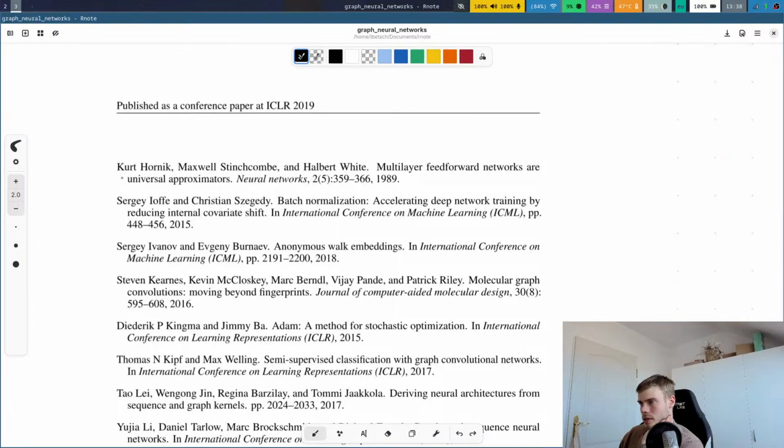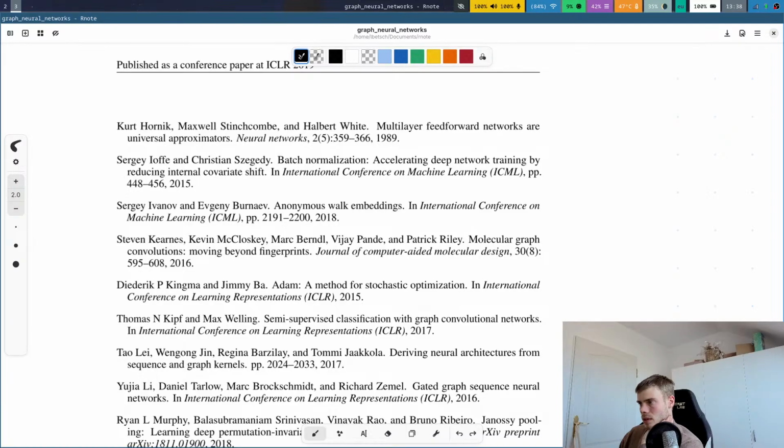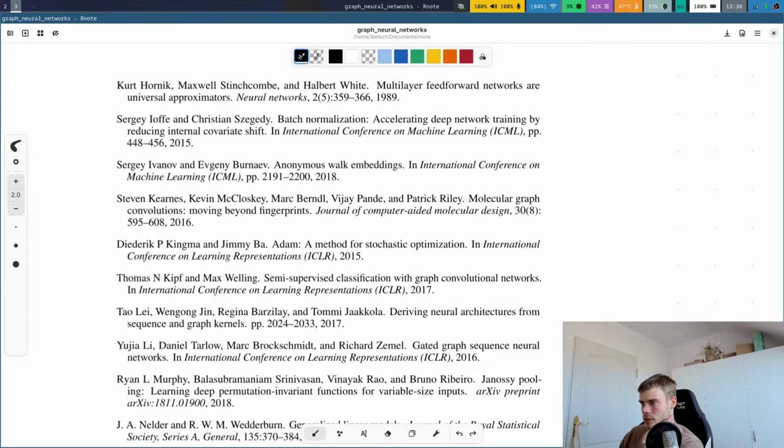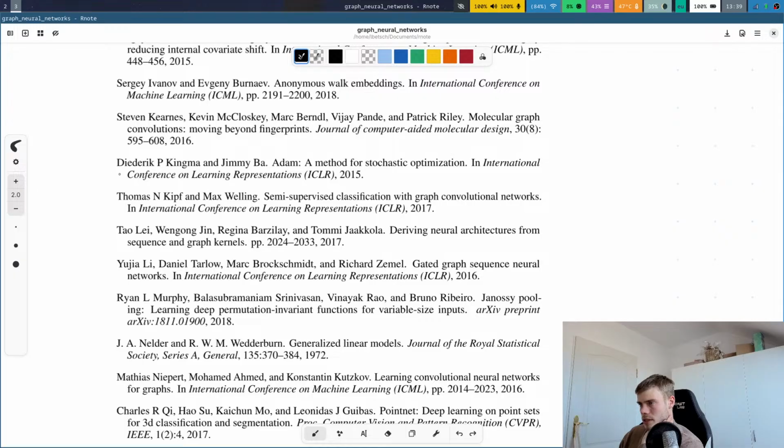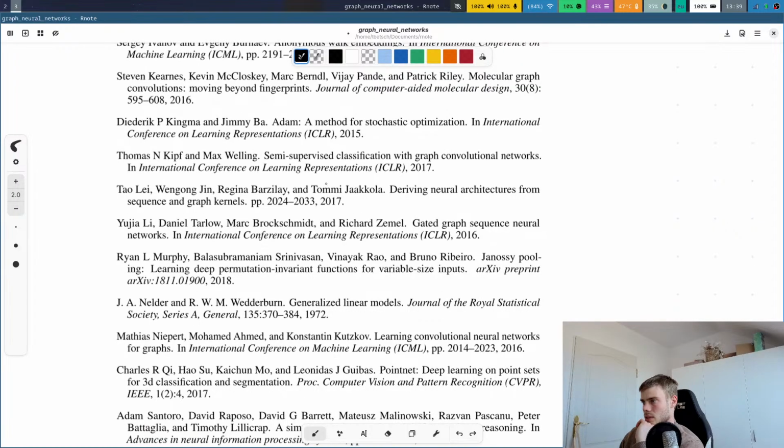Multilayer feedforward networks are universal approximators. Batch Normalization: Accelerating Deep Network Training by Reducing Internal Covariate Shift. Molecular graph convolutions. Adam: A Method for Stochastic Optimization. This is the Adam paper. Semi-supervised classification with graph convolutional networks, also ICLR.